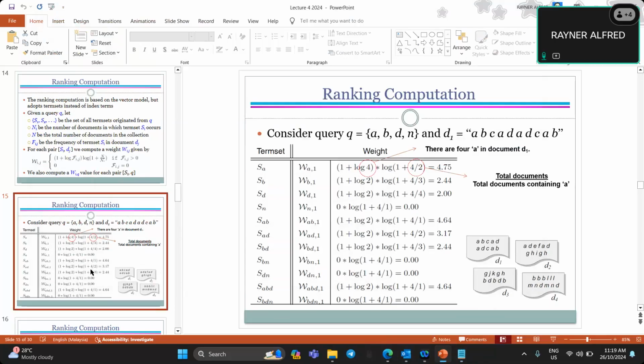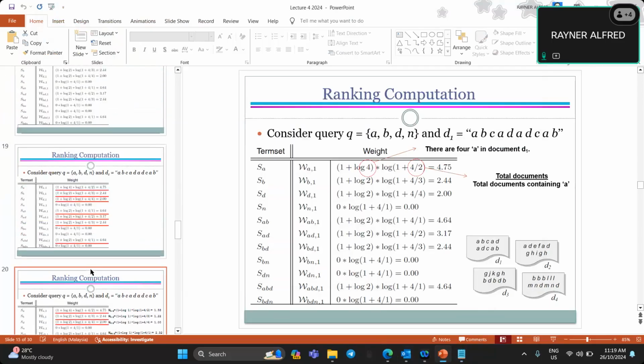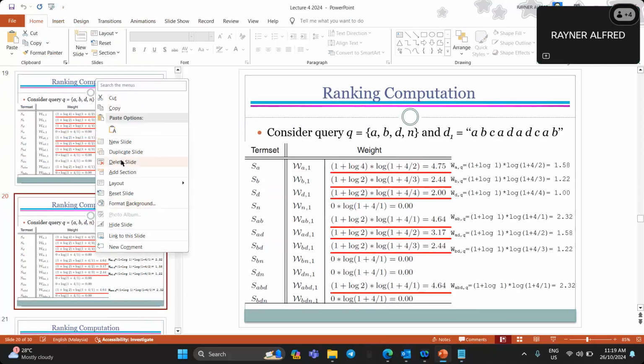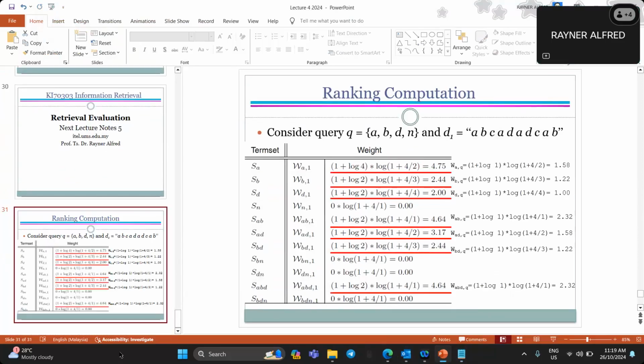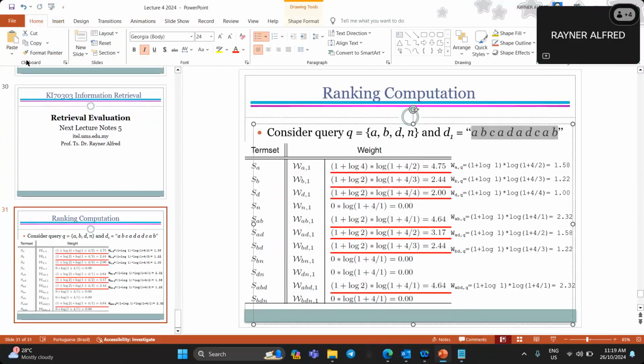We will duplicate this one. And let's suppose our query is GHB.